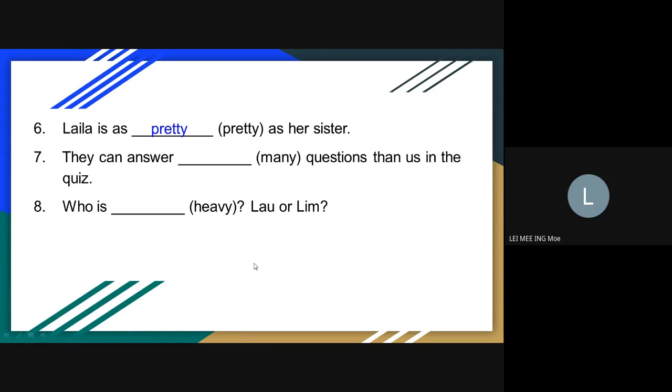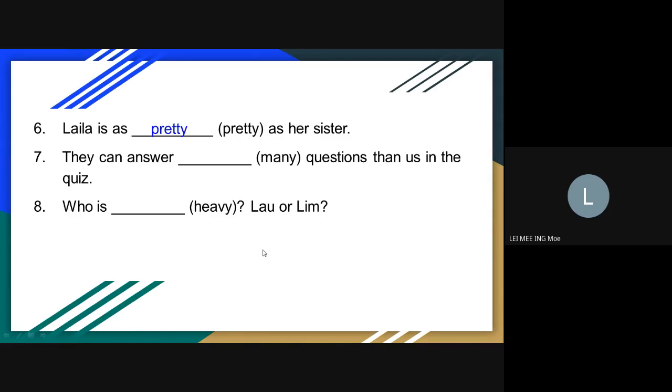We maintain the same. Why? Since we have as and as here, this is a positive degree. So we maintain the same spelling, the same word, the same adjective. It is not superlative, we don't have the here. We have as and as, so it is a positive degree.